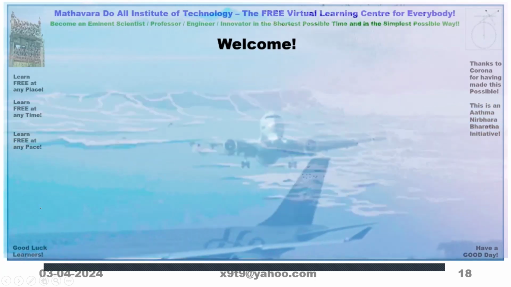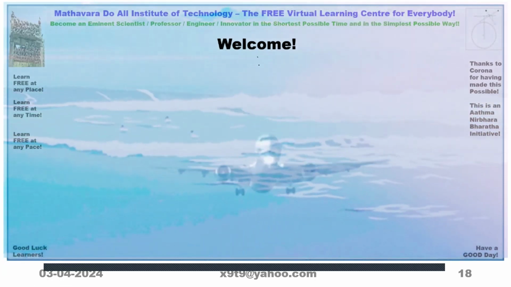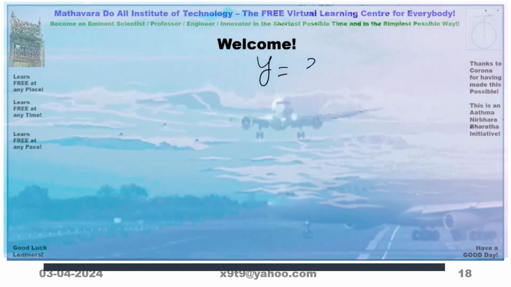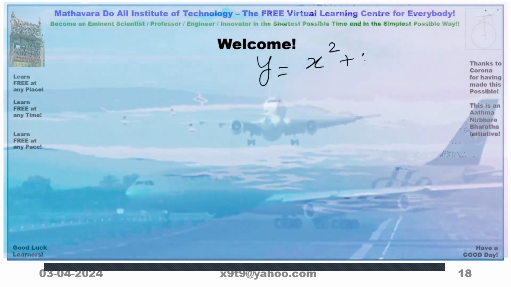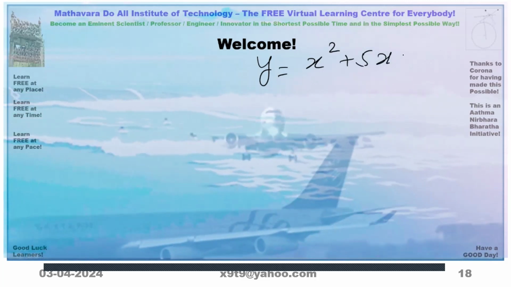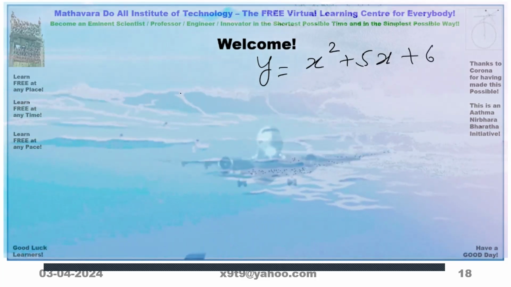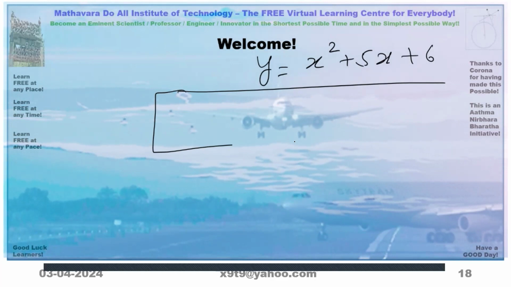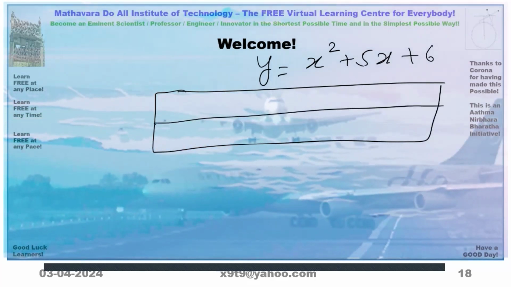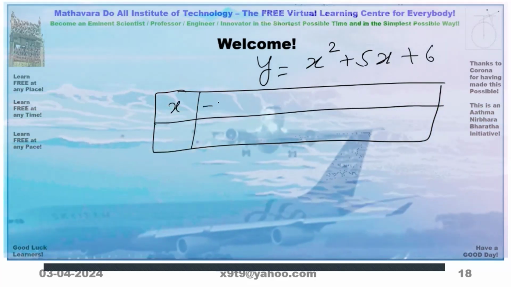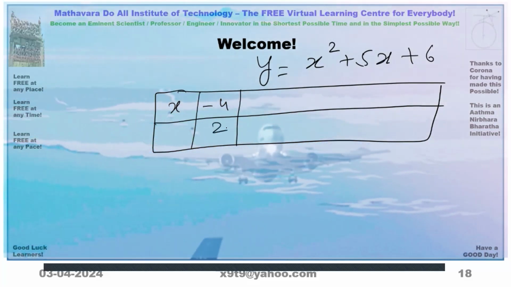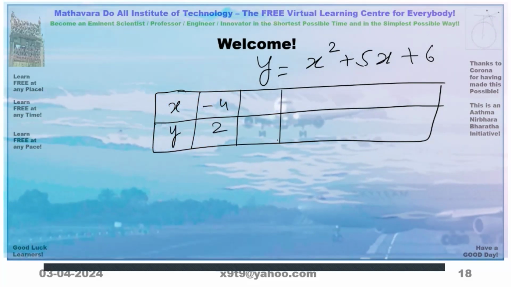So now y is equal to x square plus 5x plus 6. For minus 4 we have got 2 as y.